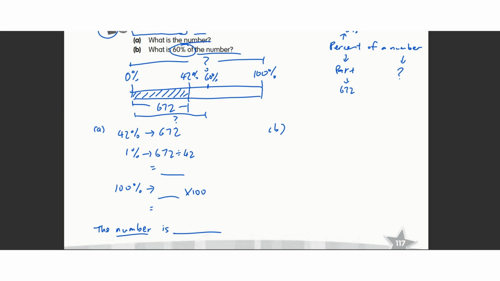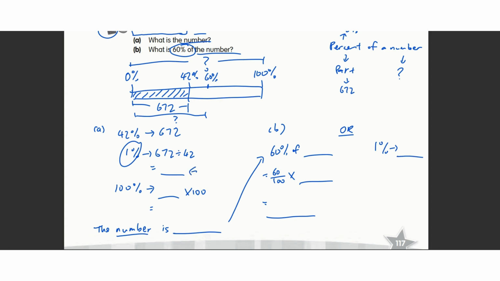So there are two methods to it. The first method is I already know the number, so I can find 60% of the number. Will be 60 out of 100 multiplied by that particular number, and I'll get the answer. Or I can go on to the other method. That is, I found the 1% here, so that 1% is this amount here, and then I can go on to finding 60%, which is this amount times 60, which will give me the same answer as well.